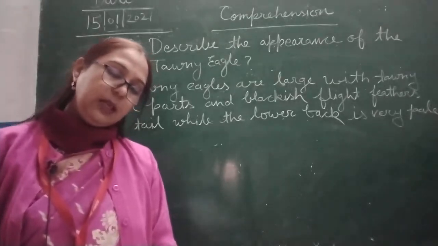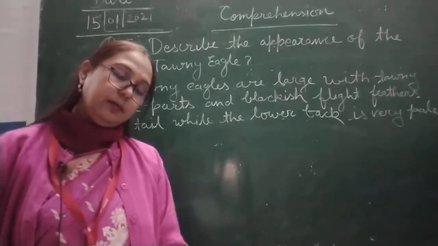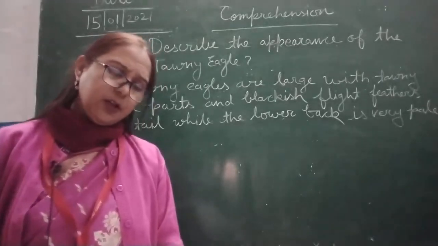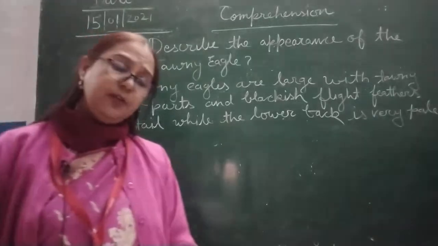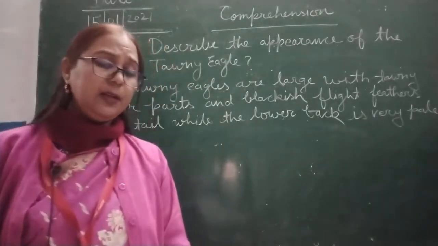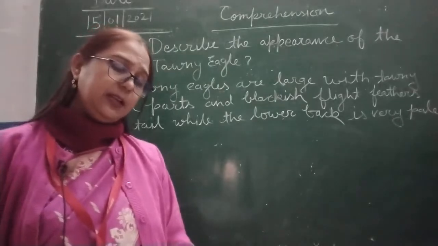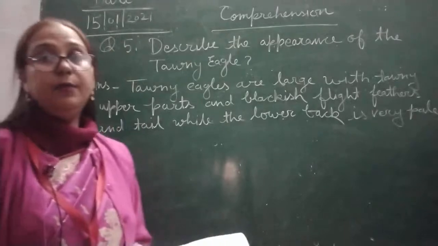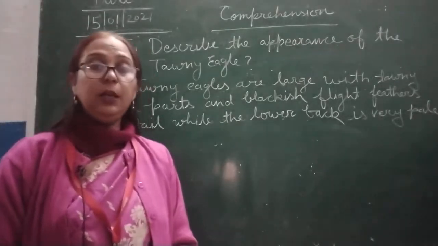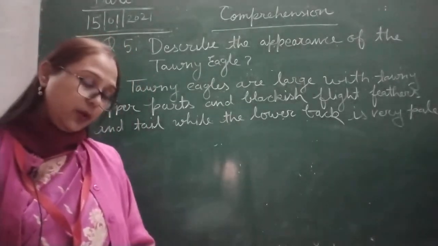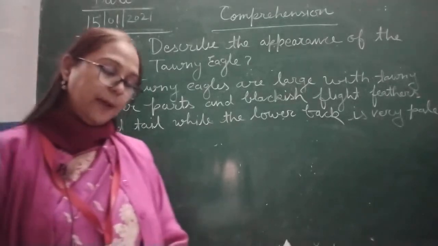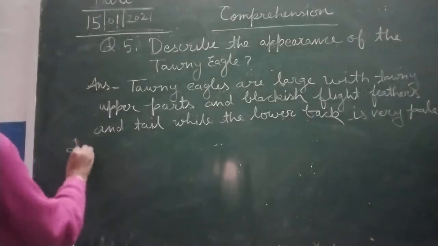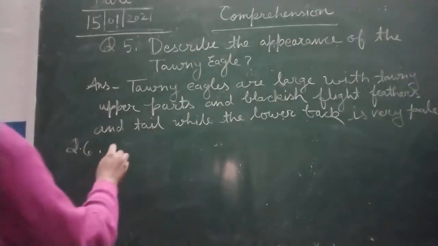So you can see many things written in this paragraph. So these eagles are large with tawny upper parts and blackish flight feathers and tail, whereas the lower back is very pale. So here we have done the appearance of tawny eagles. Now the next question is question number 6.